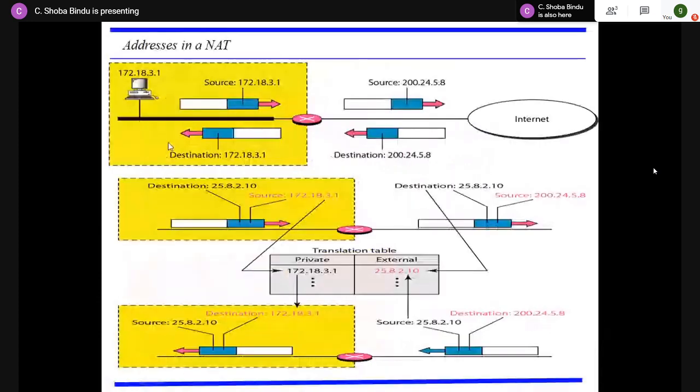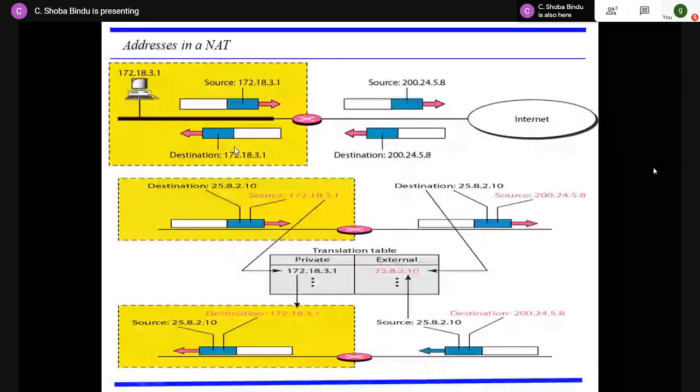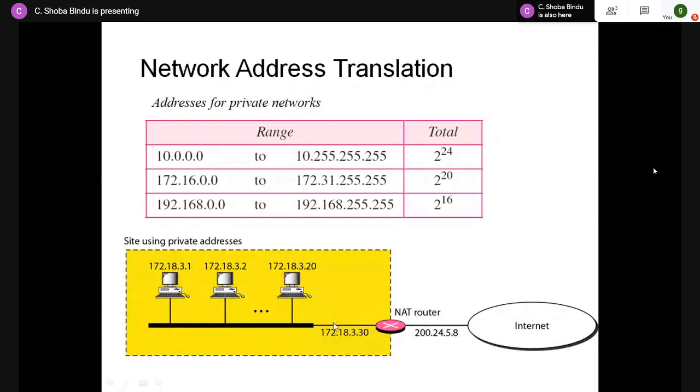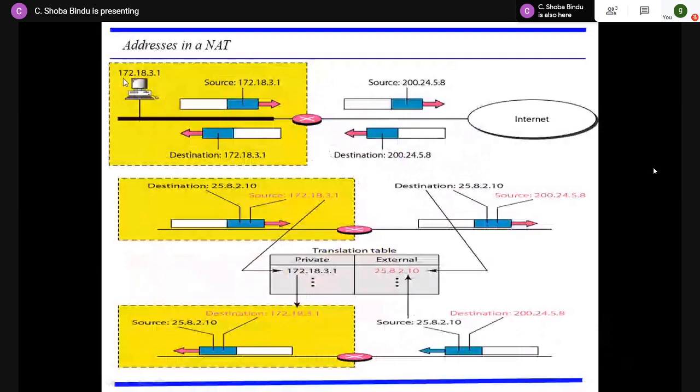Here, when you have a router, this router will have more than one IP address. As this is connected to the outside world, it has one IP address, and it has another IP address pertaining to this particular network here. So when you want to transmit a packet from this node to the outside world, it generates a packet with this as the source address and the destination as the remote IP address, and then sends it to the router.